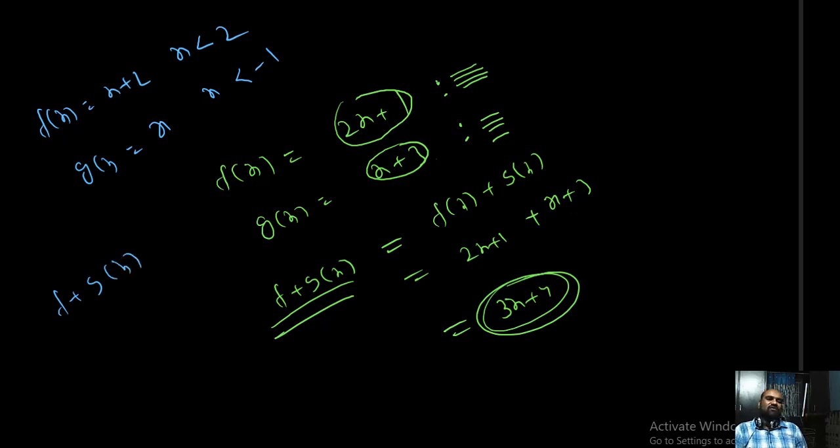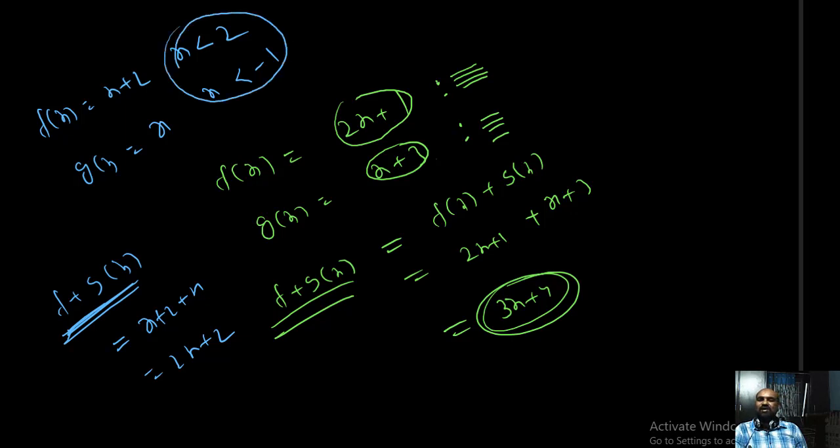Directly we can't add these two, no. Directly we can't say that x plus 2 plus x, that is 2x plus 2, is the rule for this function. Not correct, because their domains are not the same. If the domains are the same, as here with all real numbers, we can add. If domains are not the same, we can't add. But how to find the summation, I will show you, students, listen.